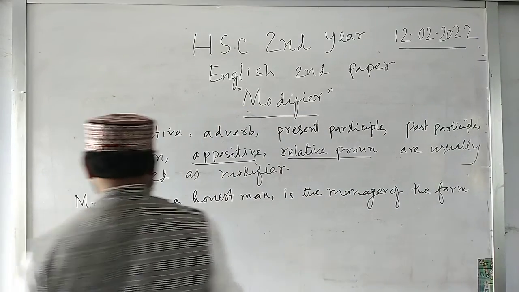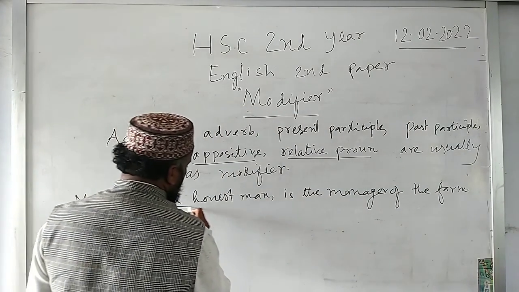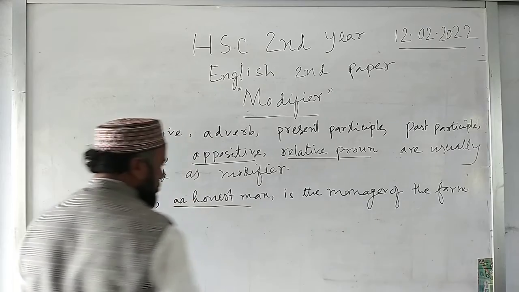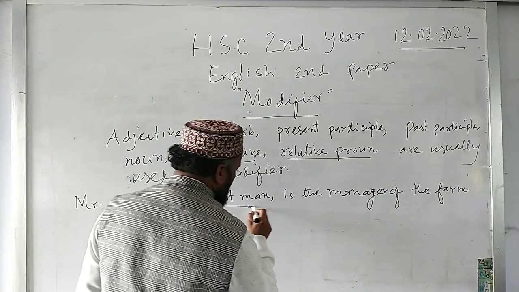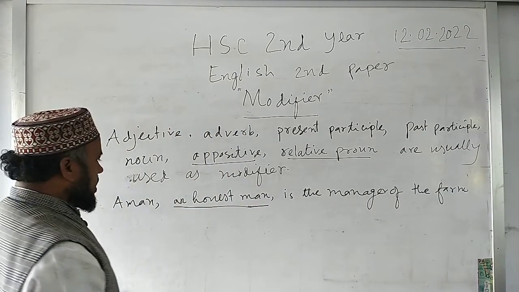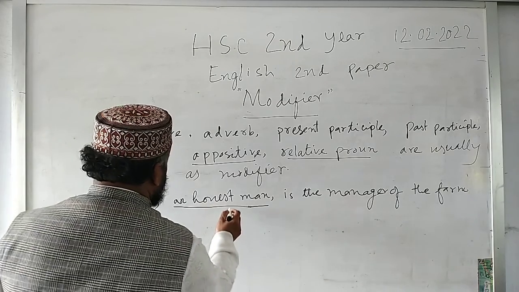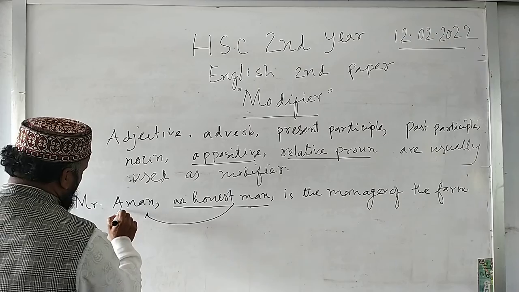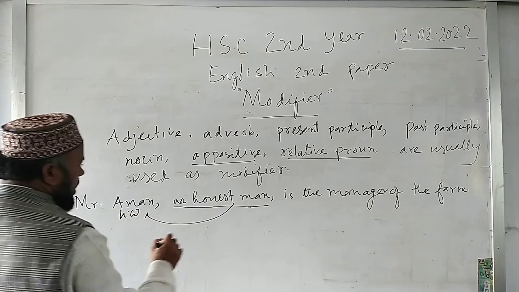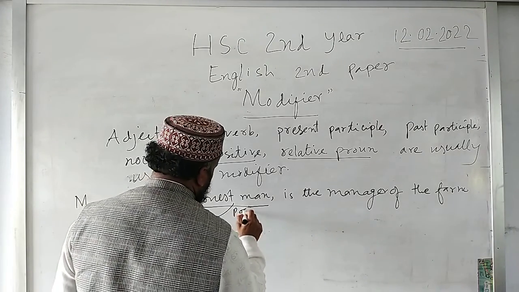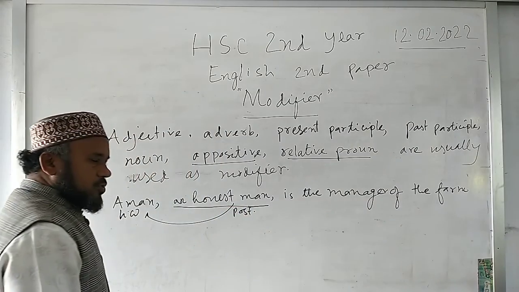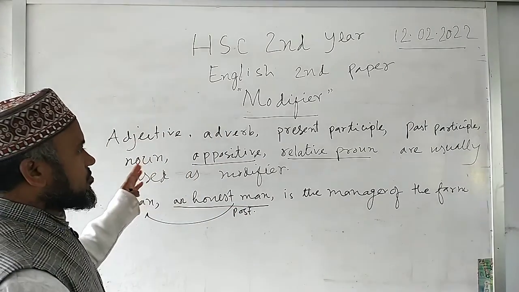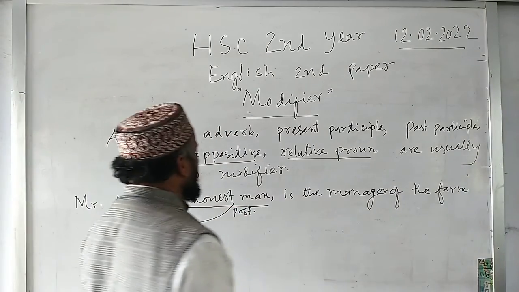Look at this. An honest man is an appositive here, and it adds a dimension to this. This is HW and this is post-modifier. So you can analyze the term in this way.